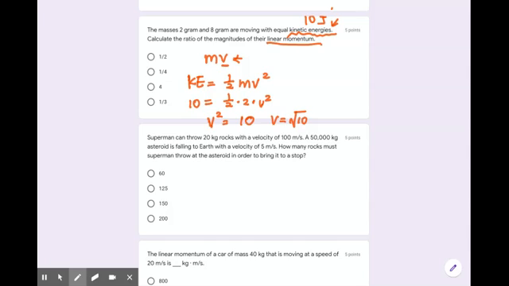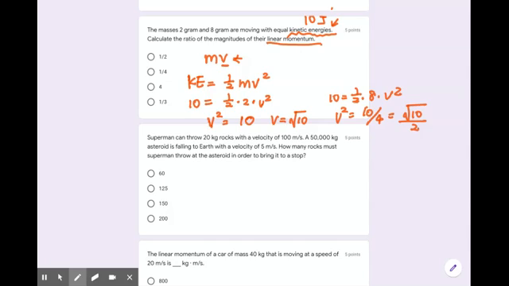For the object with kinetic energy 10 and mass 8, half times 8 times v squared, v squared equals 10 divided by 4, which is root 10 over 2. Okay?